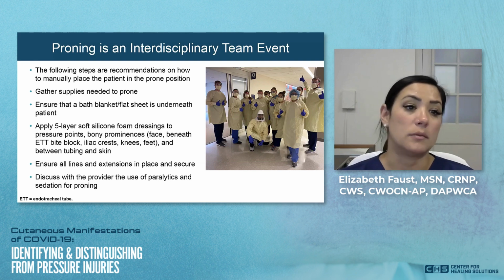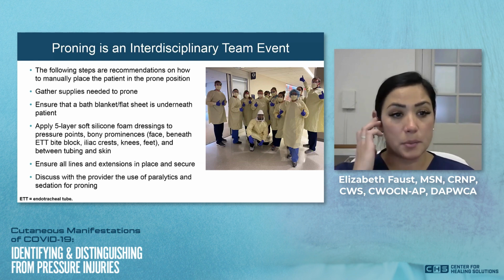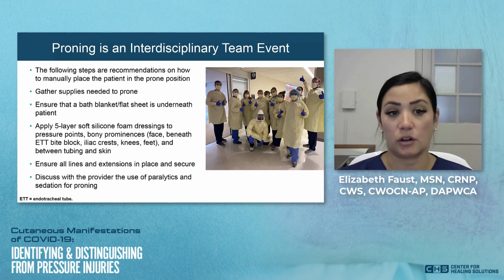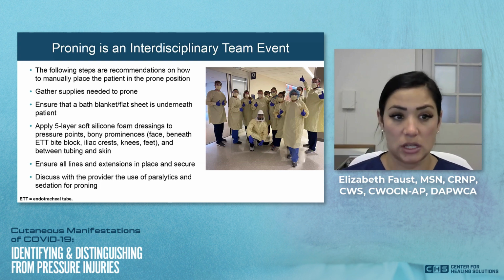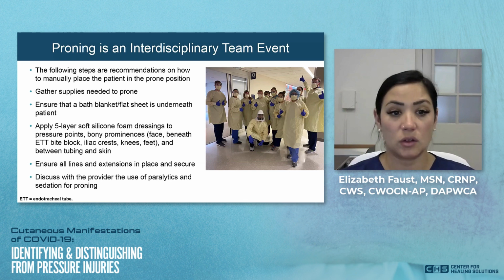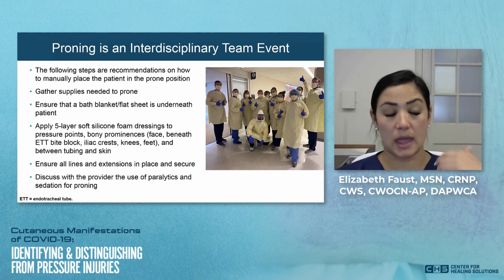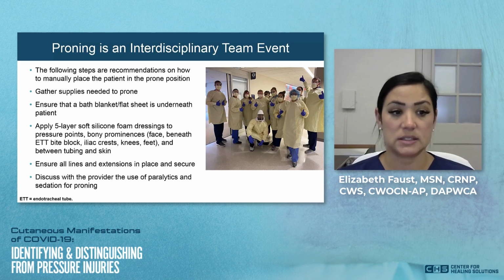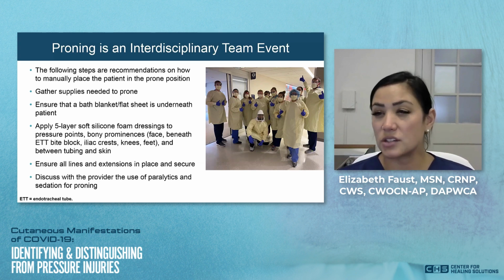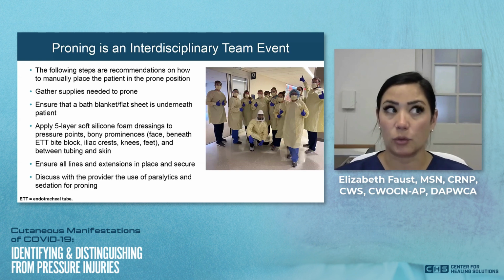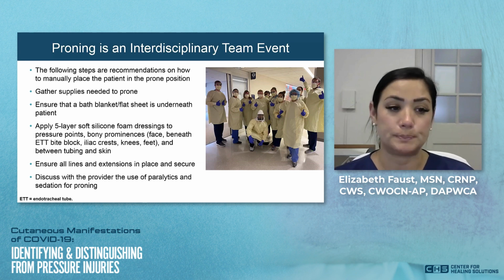So of course, you want to gather all the supplies. You want to ensure that a bath blanket or fitted sheet is under the patient. You would apply all of the silicone foam dressings to their bony prominences and underneath medical devices. Ensure that all lines and extensions are in place and secure, and be mindful that if you're proning the patient, the lines don't end up underneath the patient.